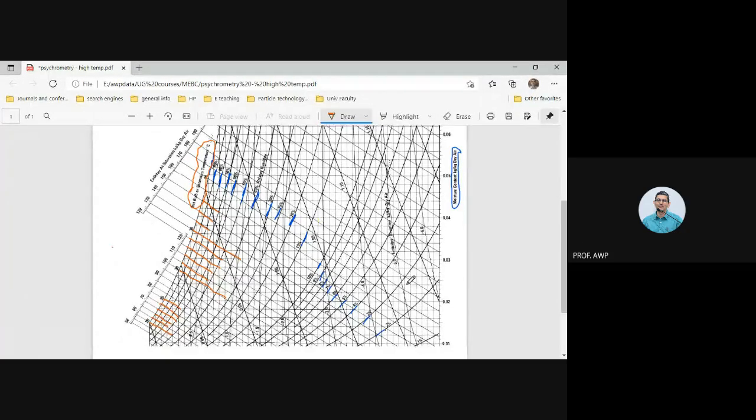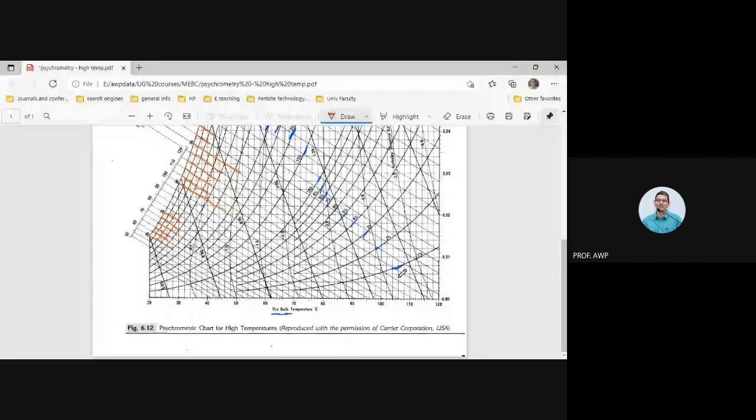So now if I say that my air temperature is 40 degrees centigrade and I have, let's say, 30% RH. So we go up from here to the 30% RH line. This is 10% RH. This is 15% RH. This is 25% RH. This must be 30% RH.